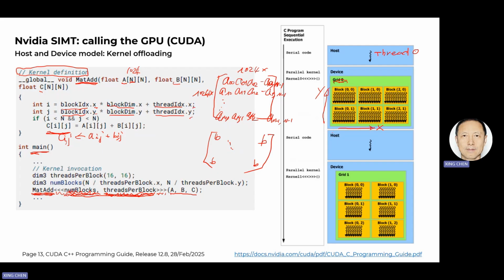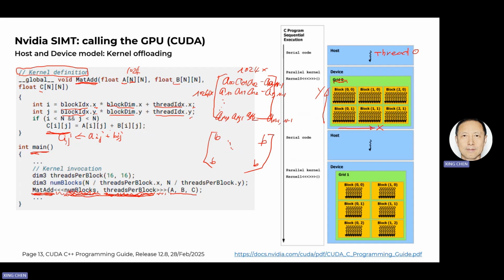This is very similar to the Cartesian system. You have organized the threads into this two-dimensional grid, and each thread should be able to be identified by a Cartesian system. So each thread should have its x and y position.